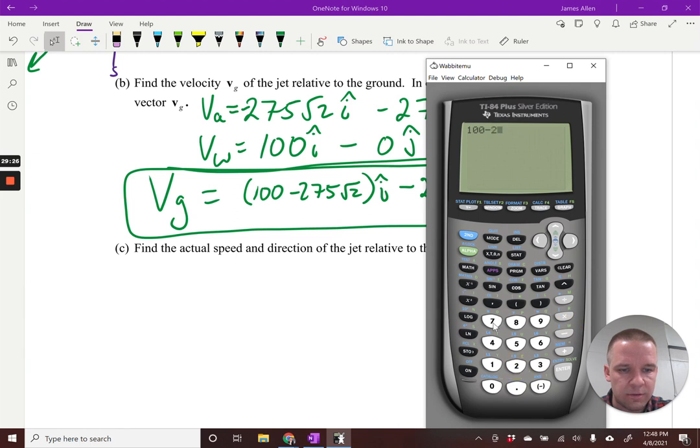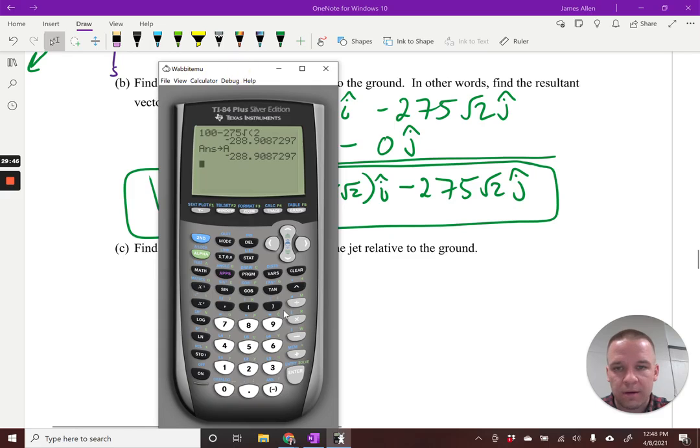I'm going to plug these in and get some stored values. So that minus 275 root 2. So I get a decimal value. Oh, forgot to close my parentheses. It's okay. And then I'm going to store that for A, right? That makes sense because that would be the A part of my vector in component form. I'm going to do the same for the other part there.